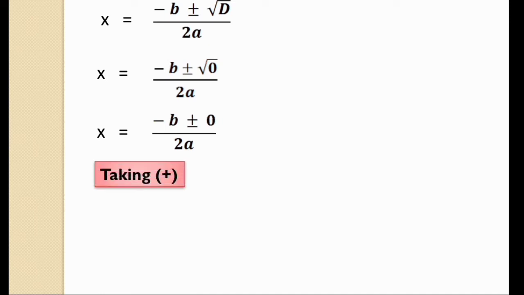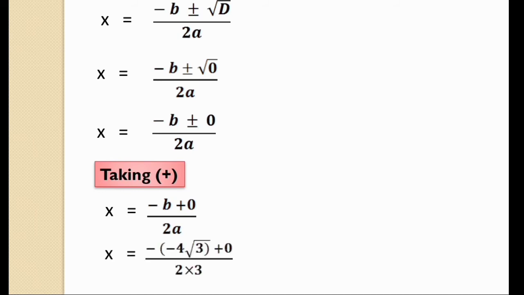First we take the plus sign, then we get x = (-b + 0) / 2a. Now we substitute the value of b here: x = (-(-4√3) + 0) / (2 × 3). After simplification we get x = 4√3/6, and when we cancel, we get x = 2√3/3.